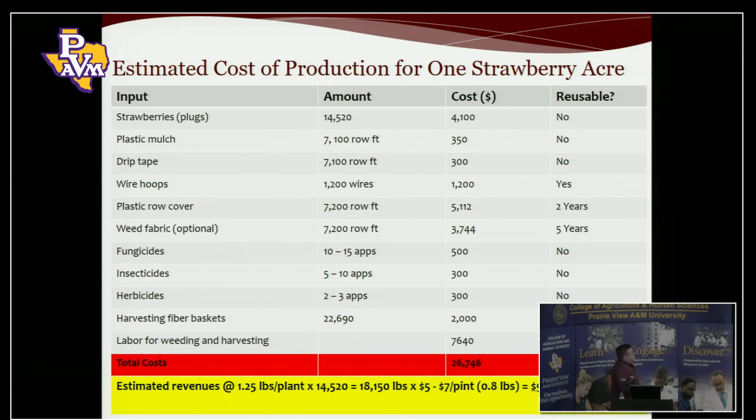And that doesn't necessarily include shipping or labor costs here. So this is just basically for an acre. Most acres are about anywhere from 14,000 to 17,000 plants. So if you're growing a couple of thousand plants, you can just divide that by 7 or 8 and get some cost. And there may be cheaper ways of doing it as well.